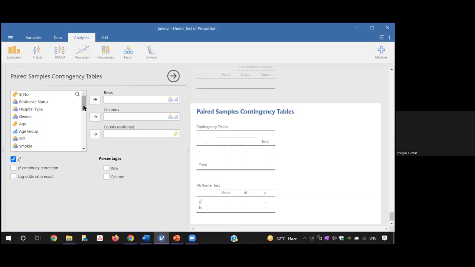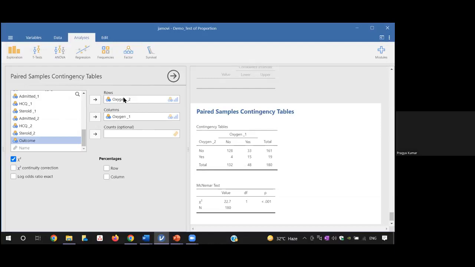That is the dependent variable. So oxygen requirement, I will shift that in this column. This is the dependent, and then I may see oxygen requirement at the time of admission and just before the discharge. So the other one will be oxygen 2.